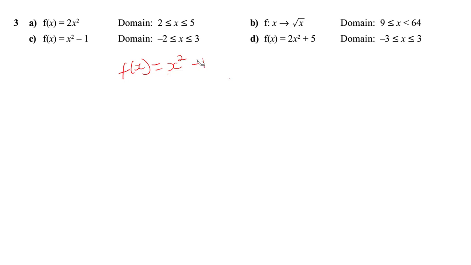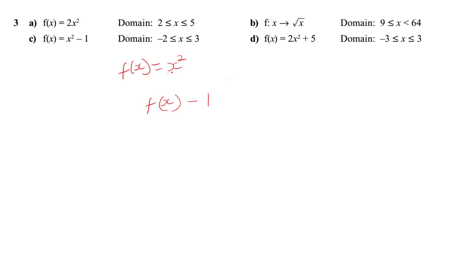Because if you take f of x to be x squared, then x squared minus 1 is the same as f of x minus 1.